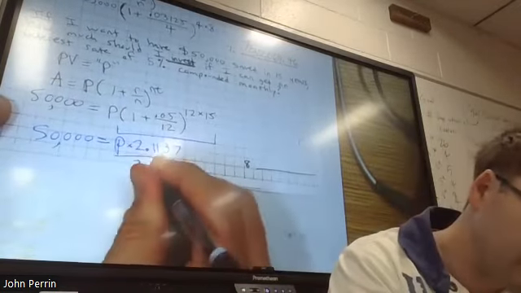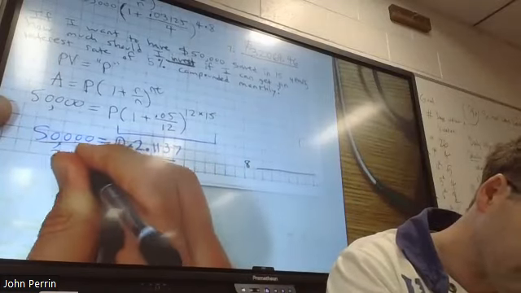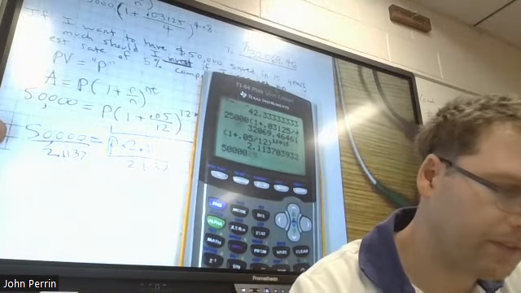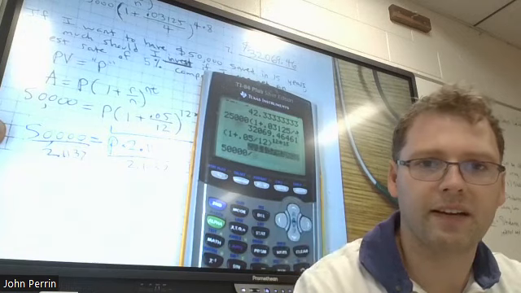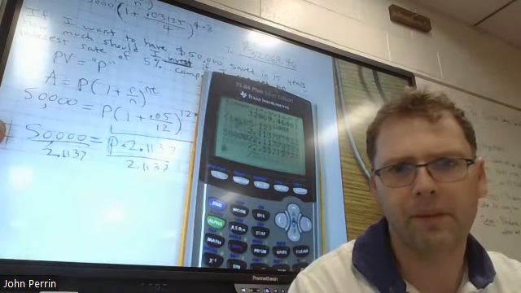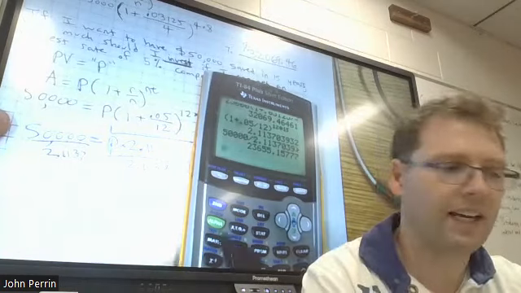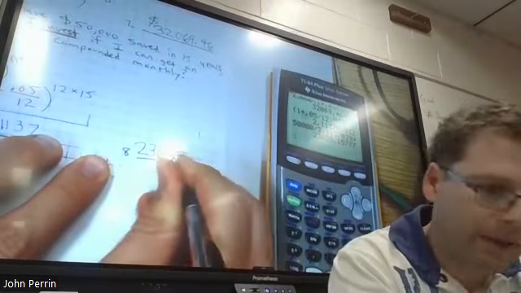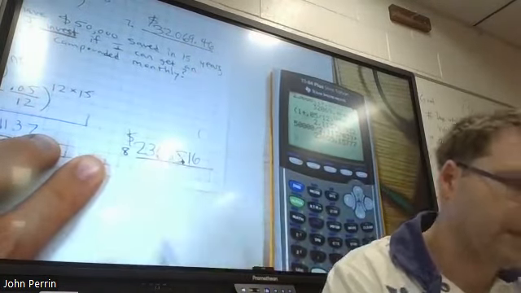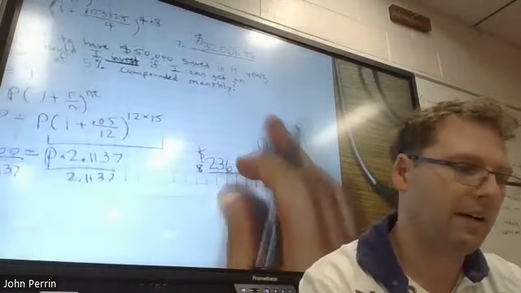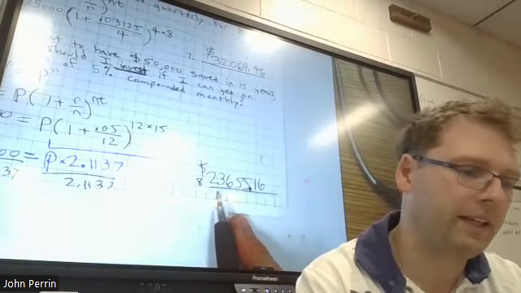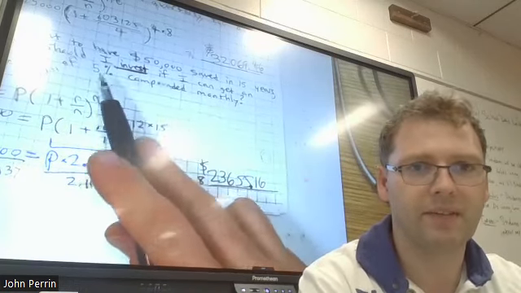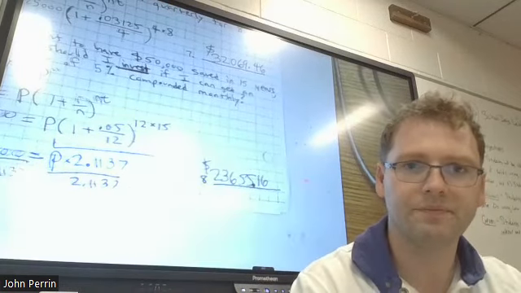We do this with one division. $50,000 divided by, in this calculator, I can actually grab that answer. 23,655 and about 16 cents there. So, wow. If you were able to invest about $23,655 for 15 years, at 5%, we're up to $50,000.